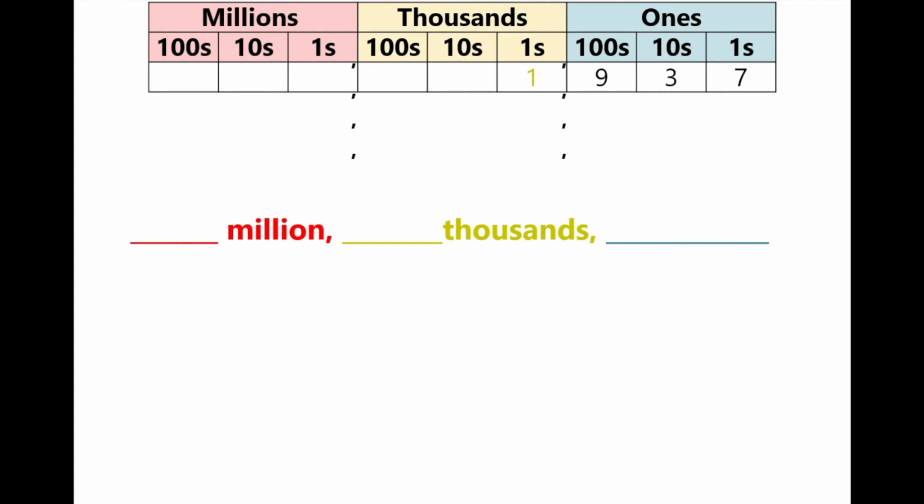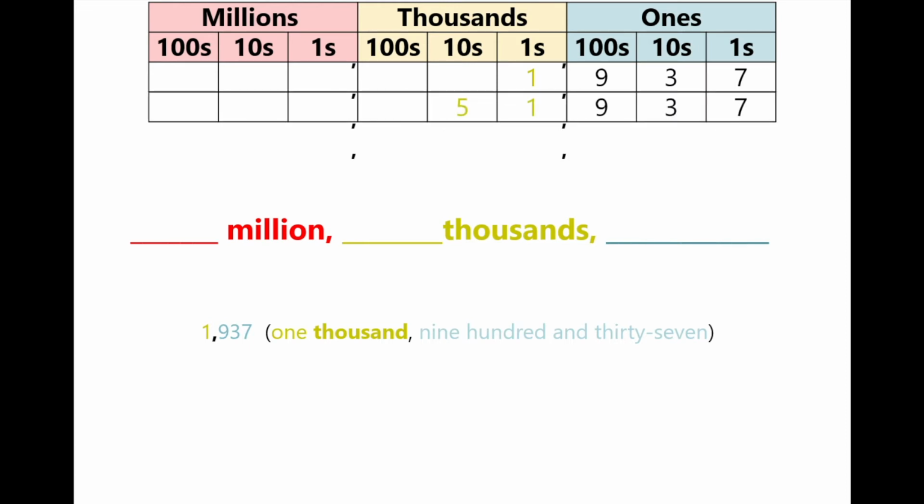1,937. Let's have a look at another number. Remember, if we've got millions, we name them first, then we name how many thousands, then we name the rest. Read this number out. 51,937. Another number.